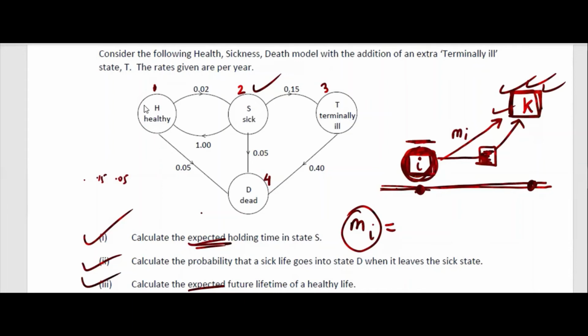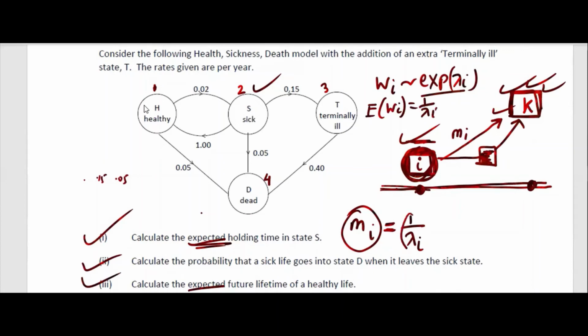Before leaving i, on average I will stay 1 upon lambda i here, because the waiting time follows an exponential distribution with parameter lambda i. The expected time in this state will be 1 upon lambda i.